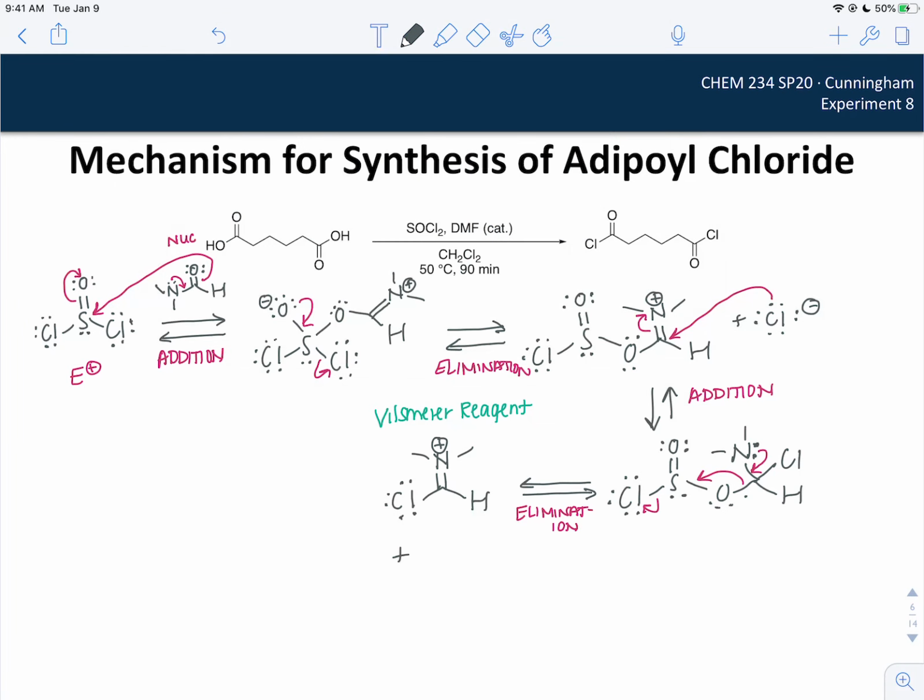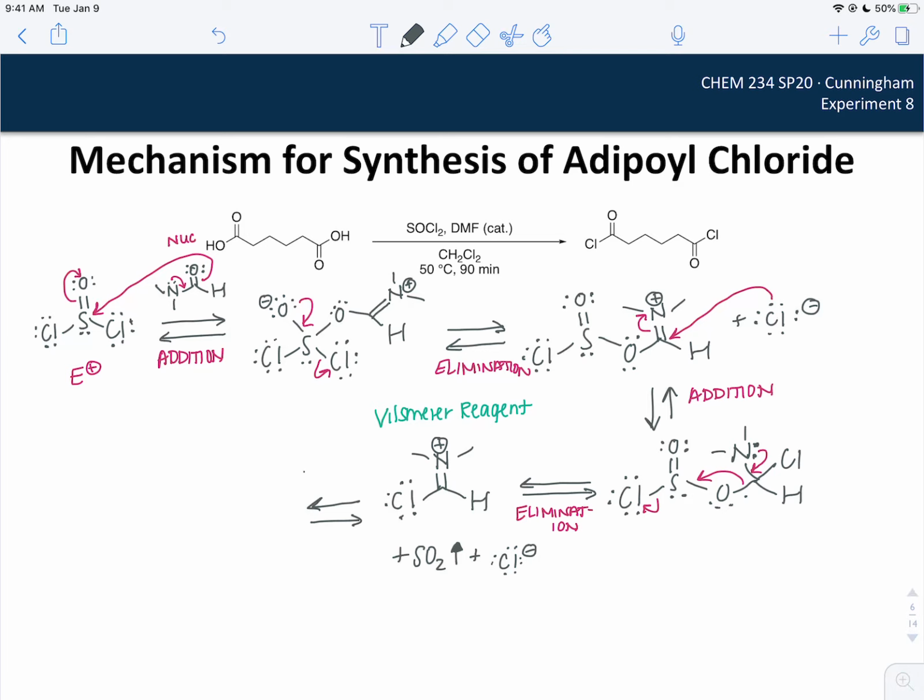We've also made SO2, sulfur dioxide gas, which we put this arrow here to show that that's going to be expelled from the reaction. And we generate our chloride ion as well. So our Vilsmeier reagent is our chlorinating reagent. It is our halogenating reagent. And this is what's going to react with our carboxylic acid.